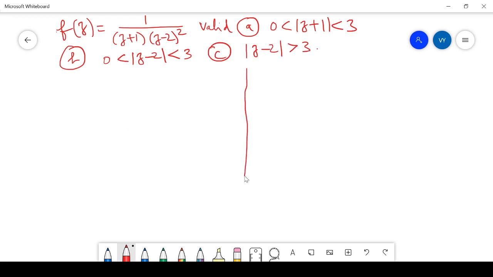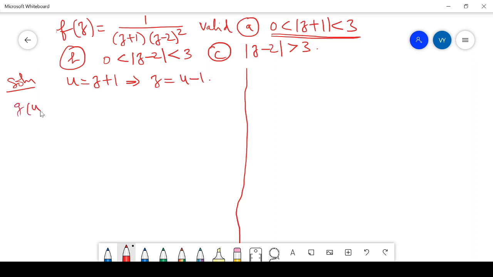So now in the first part the expansion is required in terms of z plus 1. So I assume u is equal to z plus 1. From that z will be u minus 1.